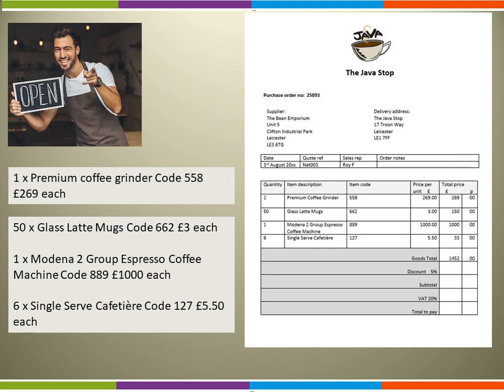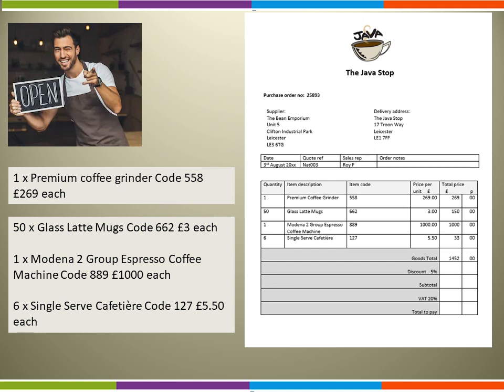So that goes in our unit column and in our total price column. For the single serve cafetière, the quantity ordered is 6, the item code 127. The cafetières are £5.50 each, so the total price is £33.